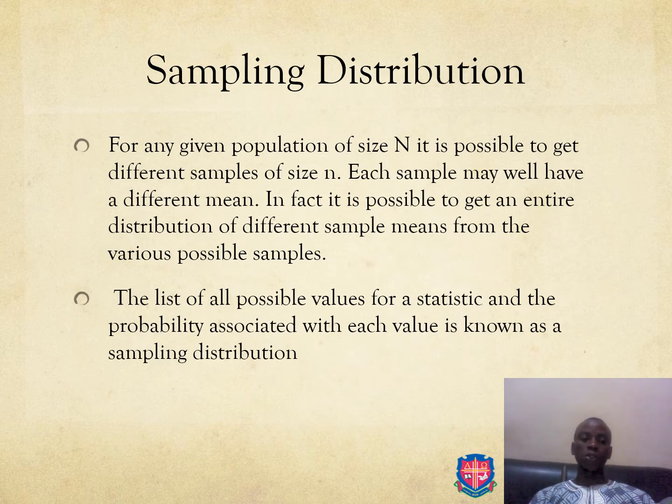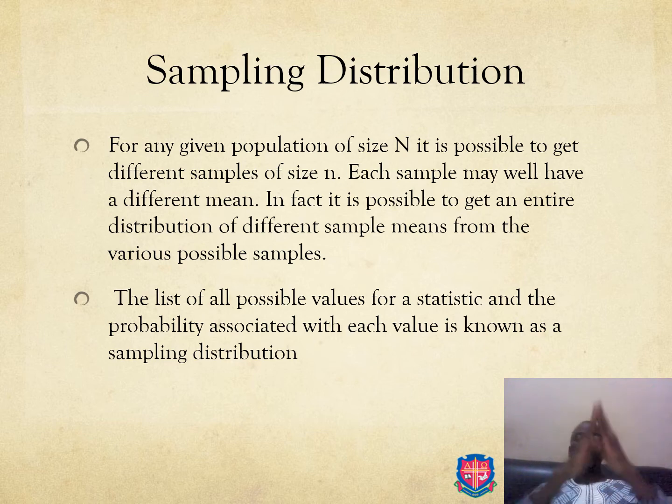Now let's go to sampling distribution. Yeah, so for any given population of size N, it's possible to get different samples of size n.